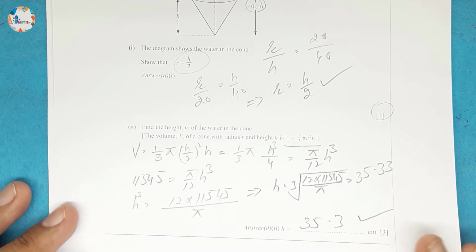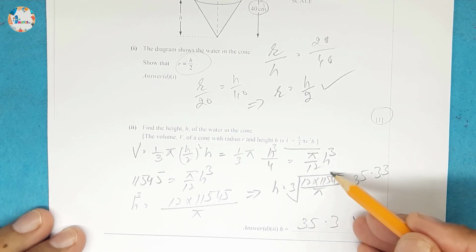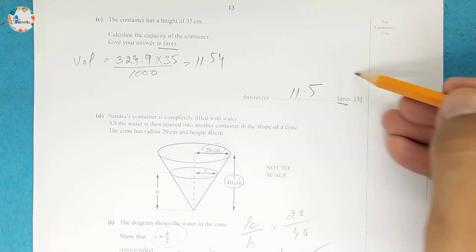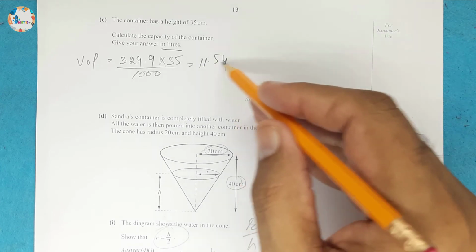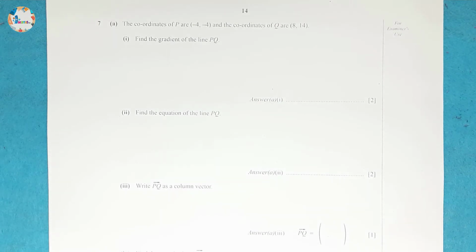This will be our final answer. Keep in mind this volume we have already calculated in part C as 11.54 in liters, but here we are using it as centimeter cube.